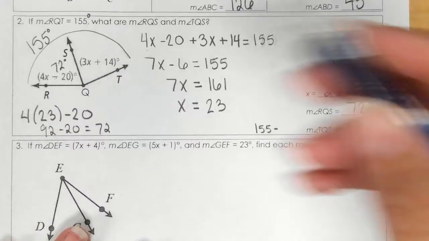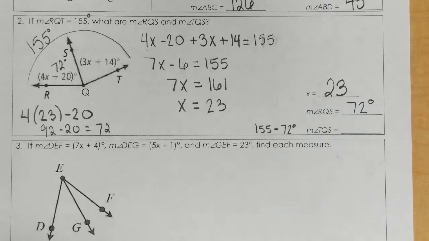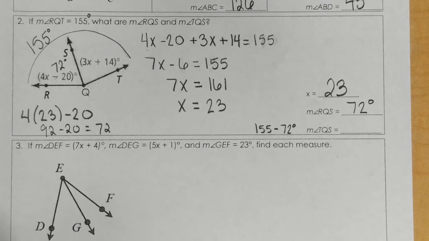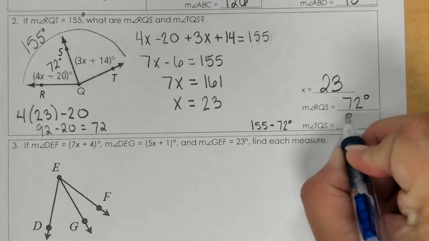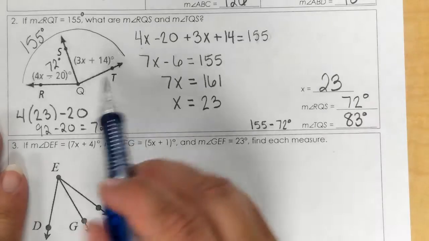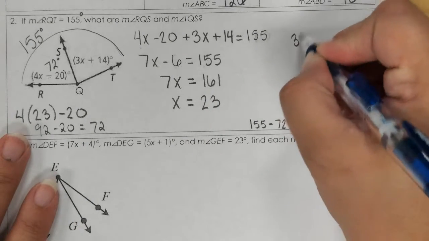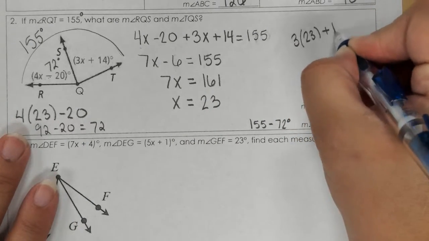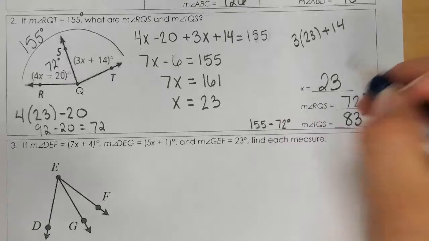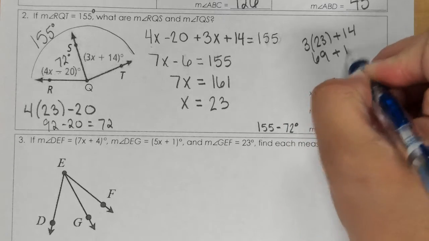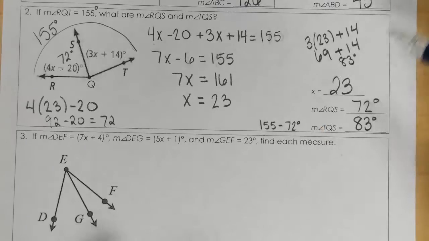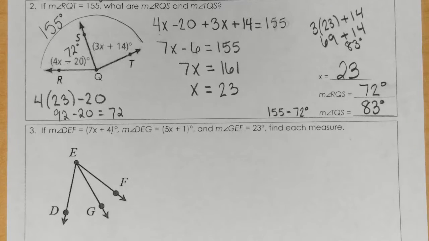We know when we plugged in, we got 72. So 155 minus 72 is 83 degrees. Okay, also, you might want to just double check. So 3 times 23 plus 14. So 3 times 23 is 69, plus 14 is 83. So we know that either way we did it, it checked out to be the same.